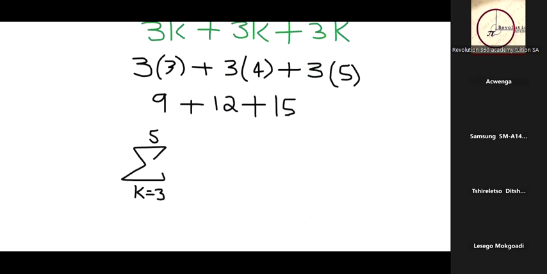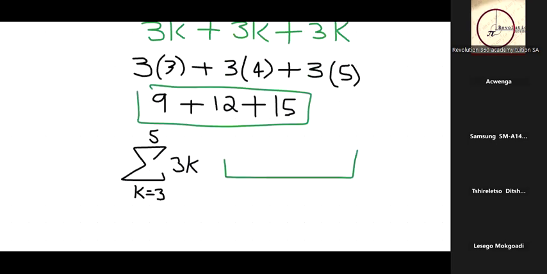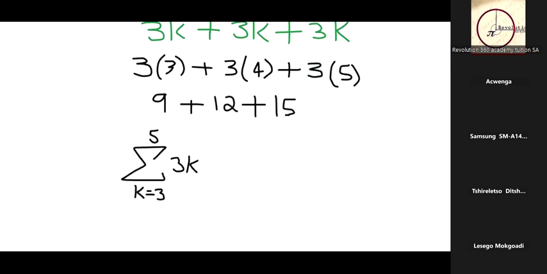We are having 3k. And then don't forget the next step, what should you do? You want to take everything in this series and write it here. So that's the next step that you must do. So we're going to say equals to. Our series now is 9 plus 12 plus 15.